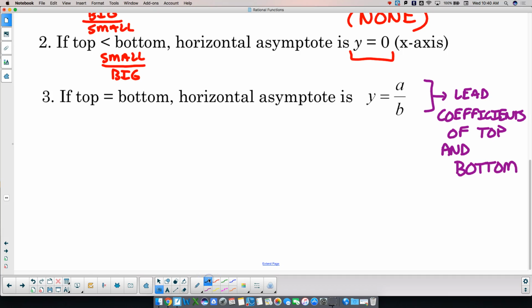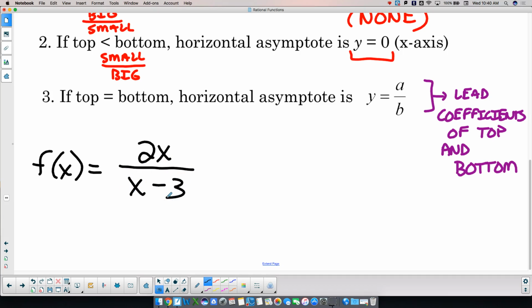For instance, if I had f of x is equal to 2x over x minus 3, the degree of the top is 1. The degree of the bottom is 1.